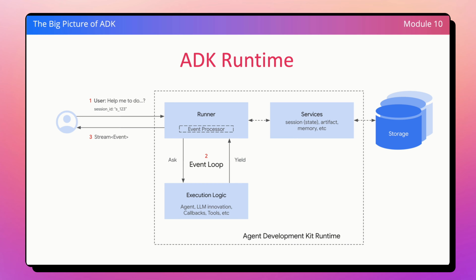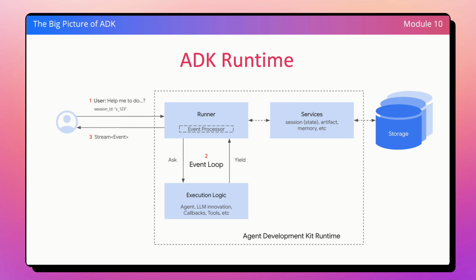That's the engine. And then there is execution logic, which you will write as a developer. You might use Python, Java, or Go, one of the supported languages, and you write execution logic. And then the ADK runtime comes with a set of services that manage session, memory, artifact, and various other services.